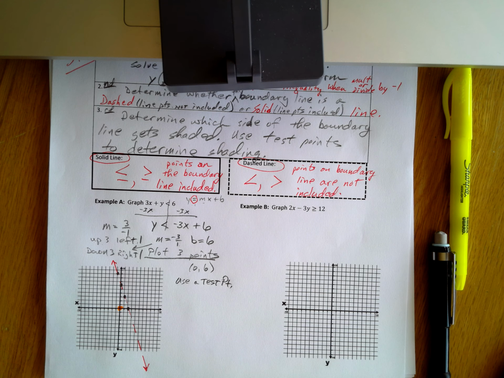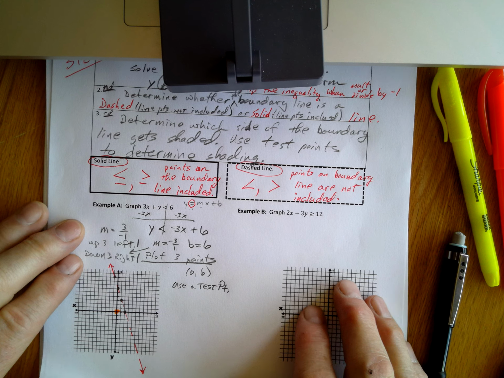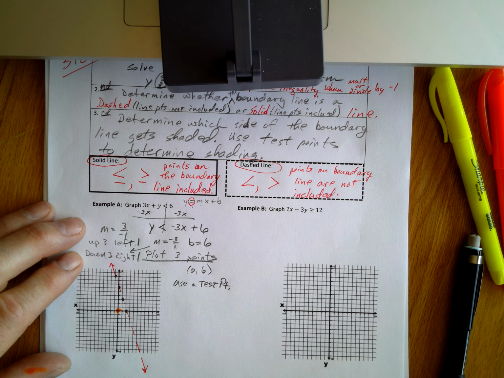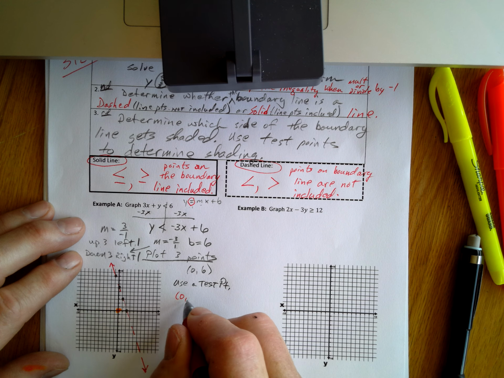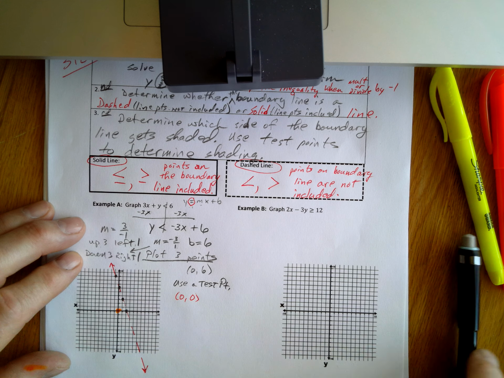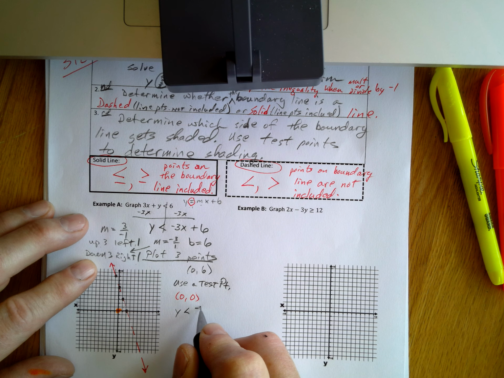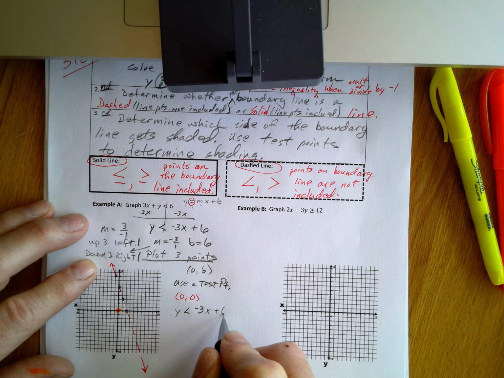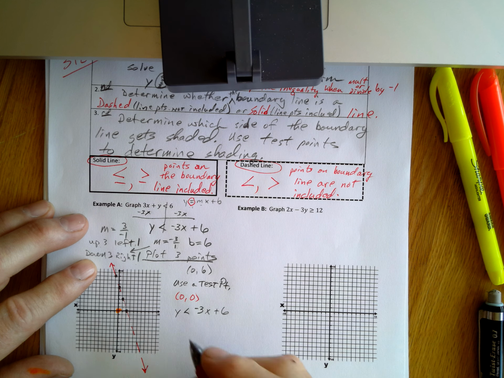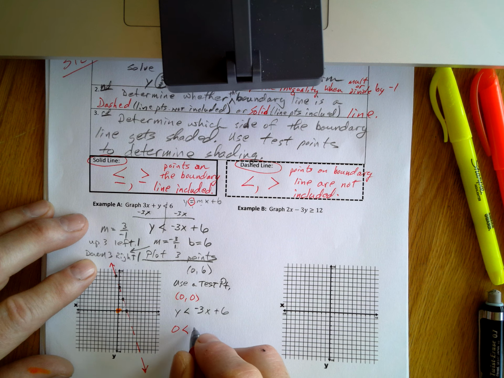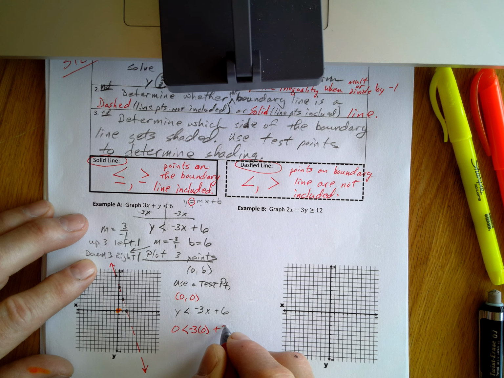So, here's what we're going to do. We're going to use (0, 0). We're going to take our inequality. Our inequality says y is less than negative 3x plus 6. So we're going to plug it in. 0 is less than negative 3 times 0 plus 6. We get 0 less than 6.